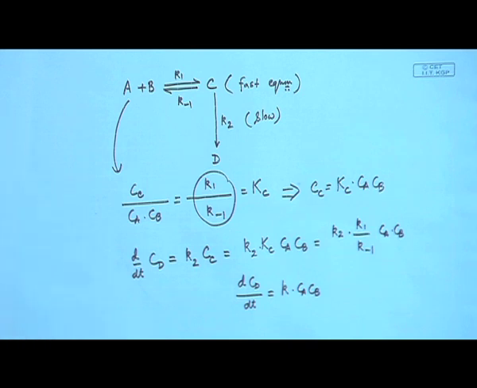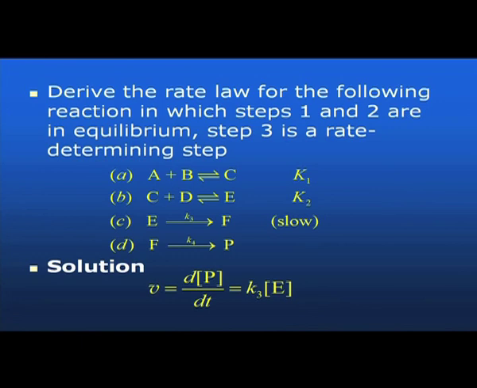Now, let us have another concrete example. Derive the rate law for the following reaction, which has 4 elementary steps, of which steps 1 and 2 are equilibrium steps, with equilibrium constants K1 and K2.